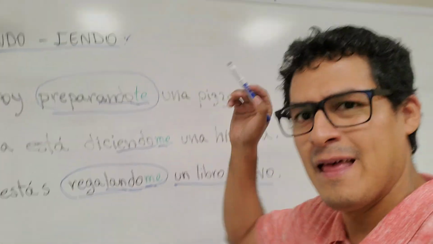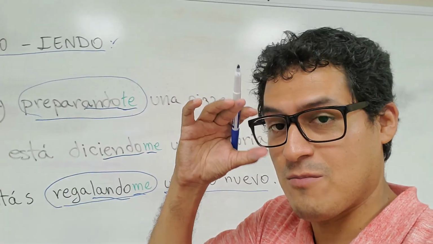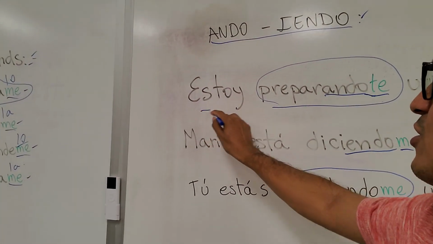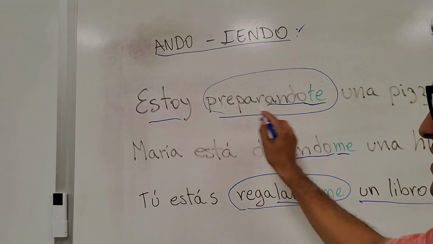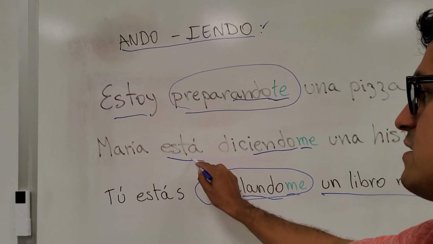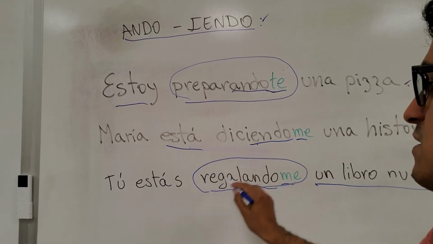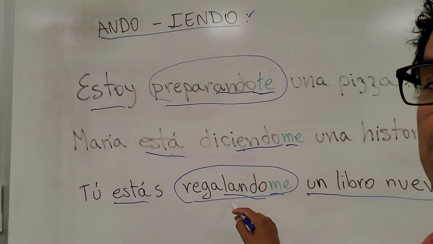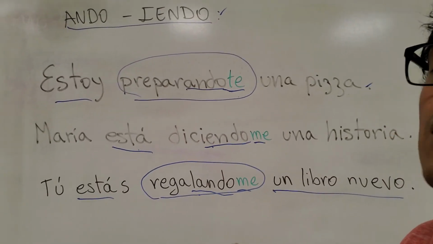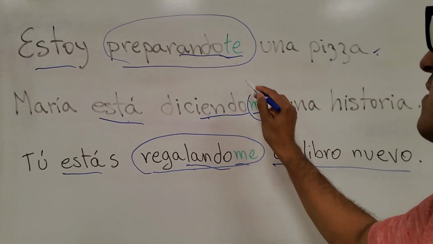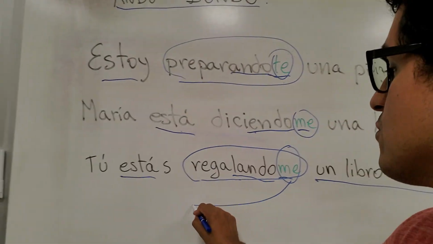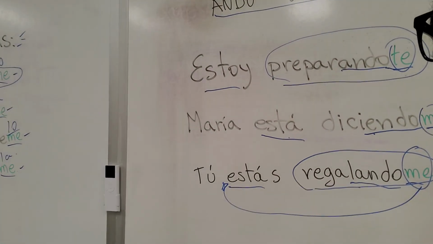Okay? One more little thing here. As we have estoy preparando, one verb, another verb. Está diciéndome. One verb here, está diciendo. Another verb here. Tú estás regalando. Two verbs, estás and regalando. As we have two verbs, these little guys here, these pronouns, can also go before the first verb here.